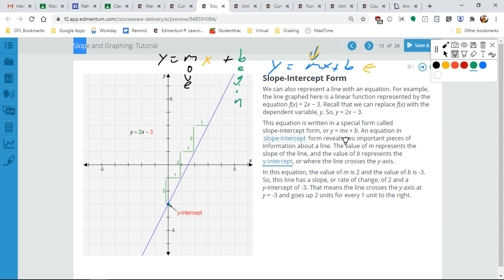So we begin right here, and we always begin where x equals 0. So our y-intercept is where x equals 0. So it's our beginning. That's how we begin a function.